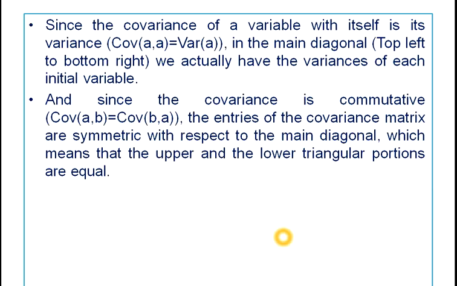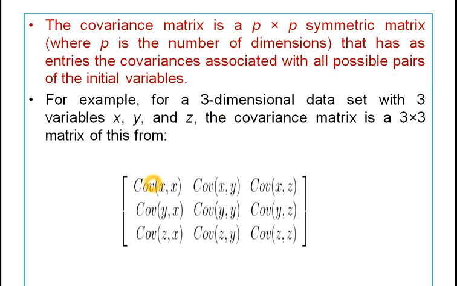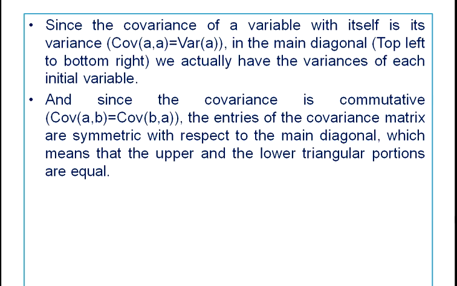Since the covariance of a variable with itself is its variance, covariance of A with A is equal to variance of A. So in the main diagonal, top left to bottom right, we have the variances of each initial variable. This is very simple: covariance xx is the variance of x, covariance yy the variance of y, covariance zz the variance of z.